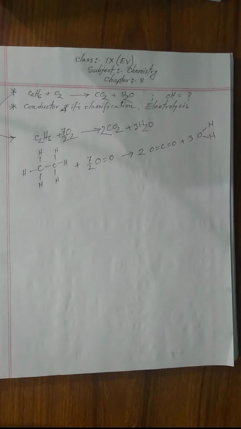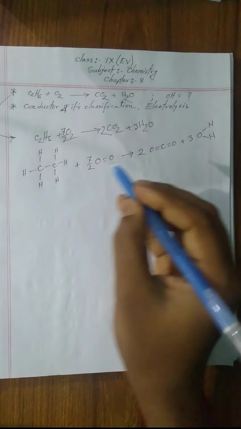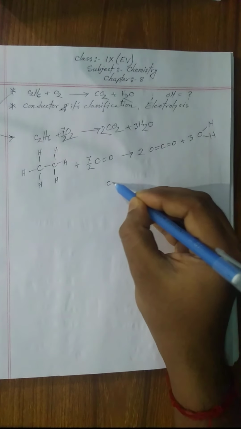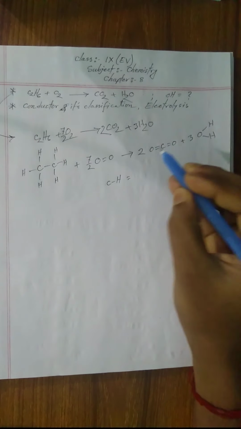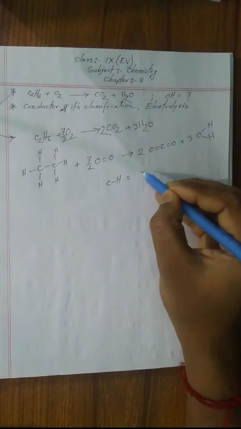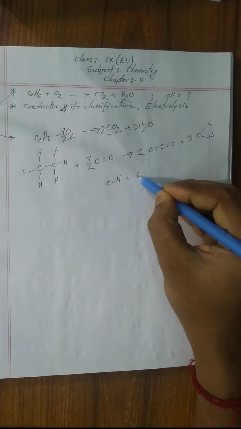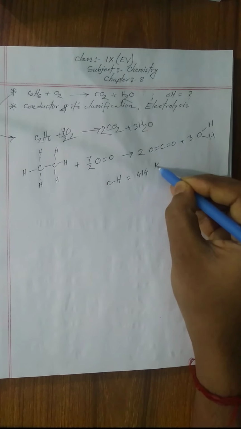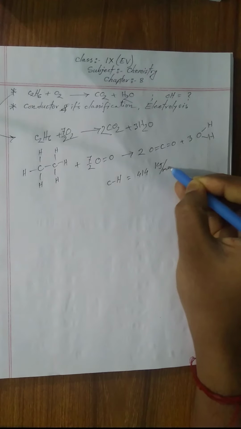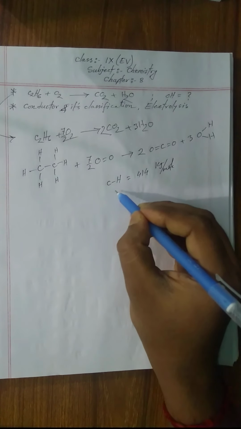Nice. This is the structural formula of the reactants and products. So we know the CH bond value is 414 kilojoule per mole.